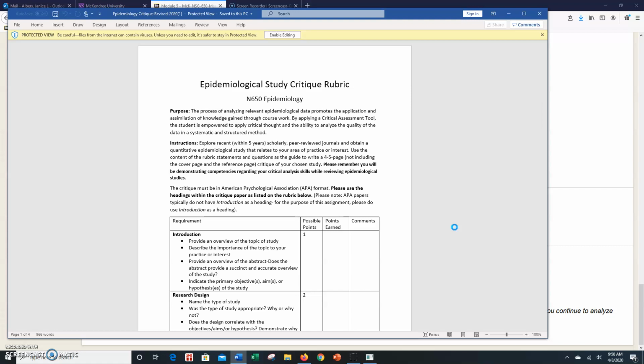We're talking about the quality of the study and your judgment and what substantiates your judgment on the quality of the study, not necessarily the content of the study. So keep that in mind, and that will help you to refine the length of your document as well.